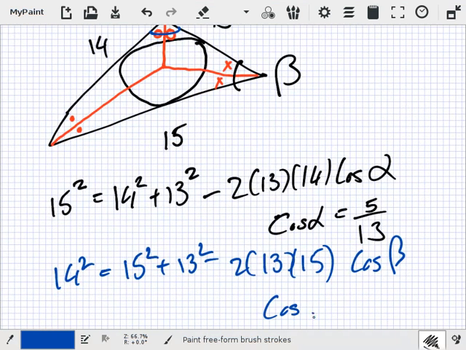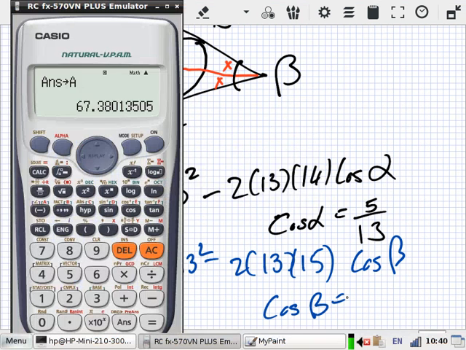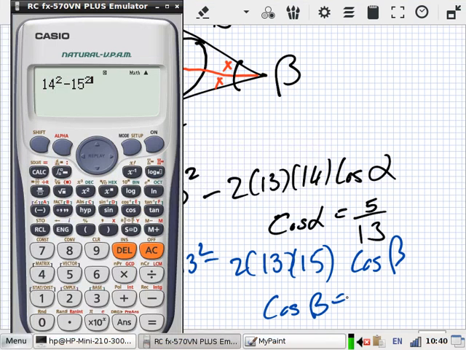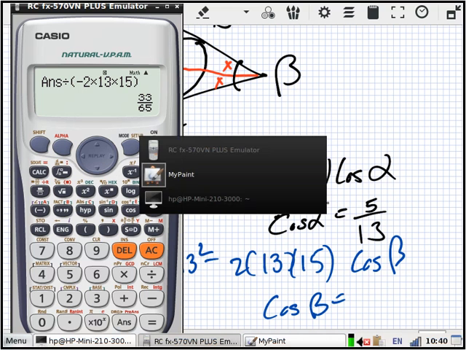So I can get cos beta equals 14 squared minus 15 squared minus 13 squared, divided by minus 2 times 13 times 15. 33 over 65.